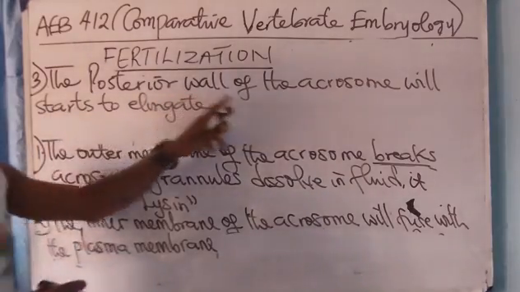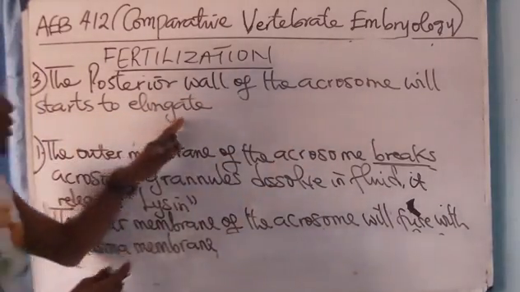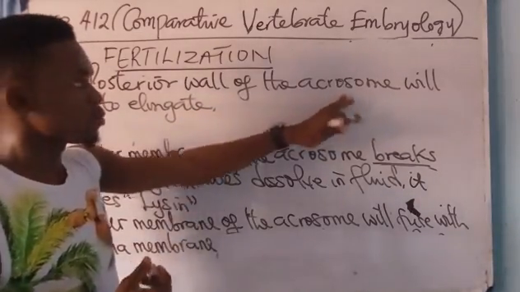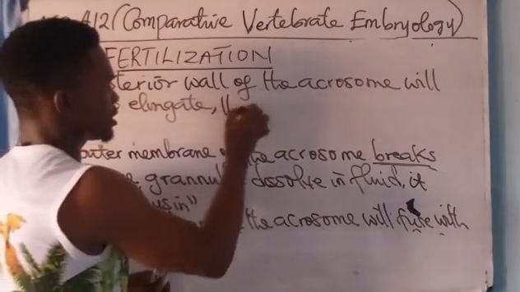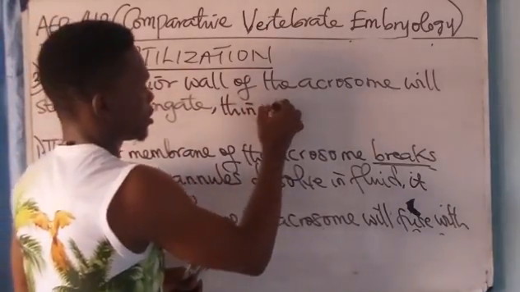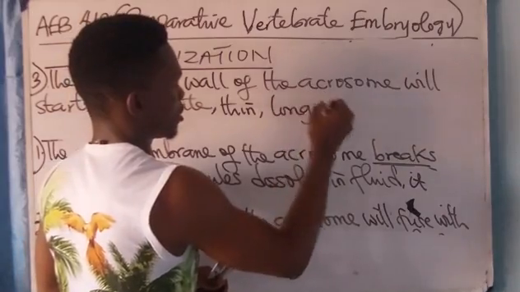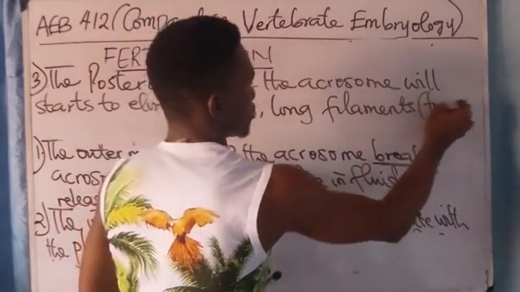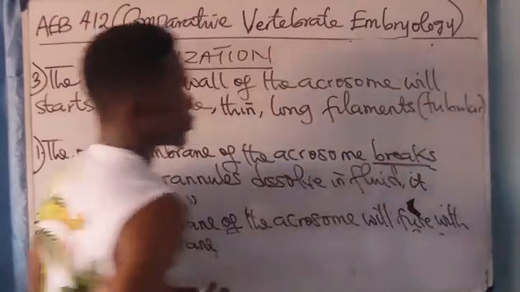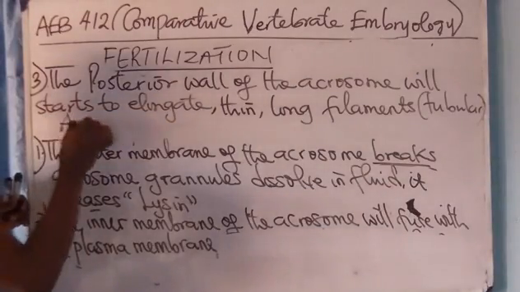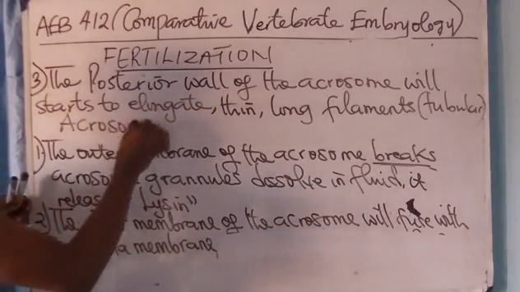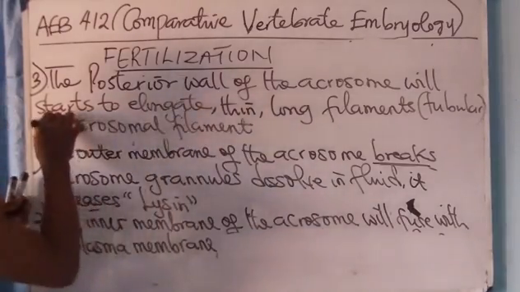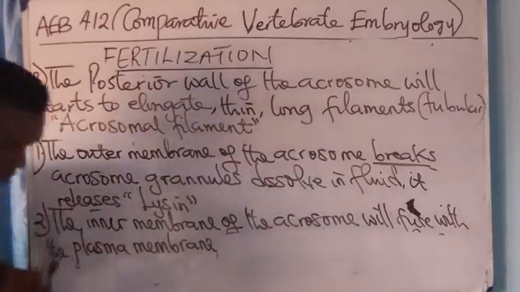Then the elongation of the wall of this acrosome will trigger the production of thin, long filaments, and these are tubular. These filaments are called acrosomal filaments.